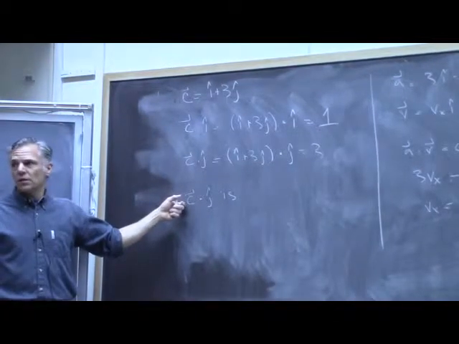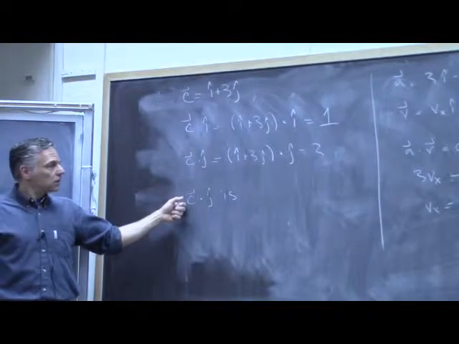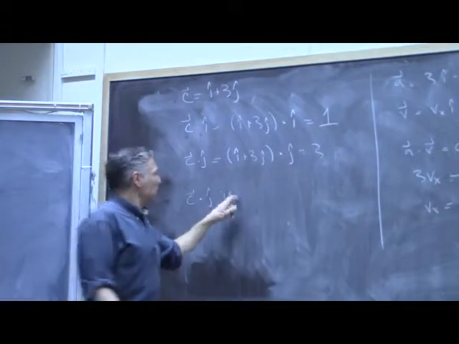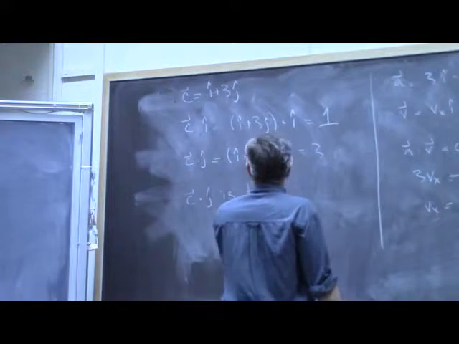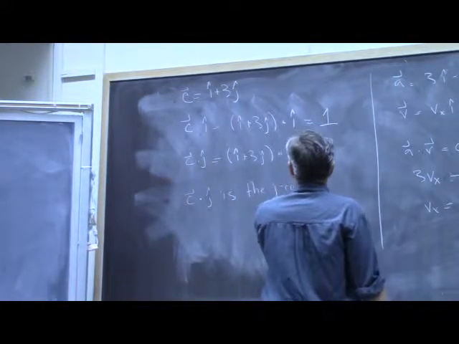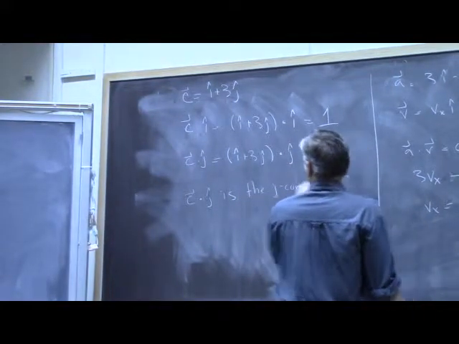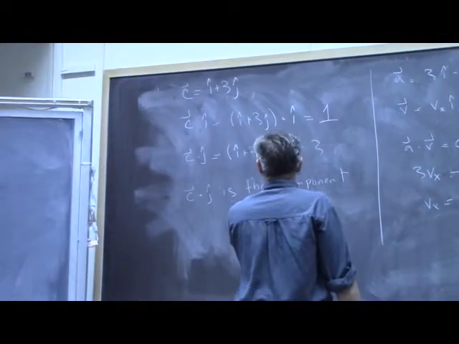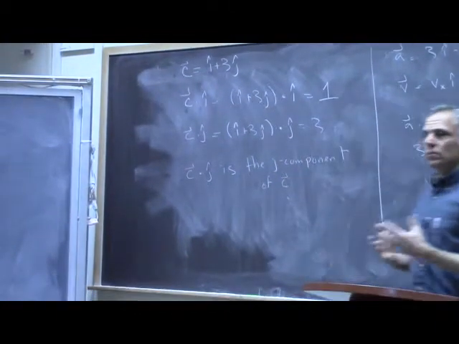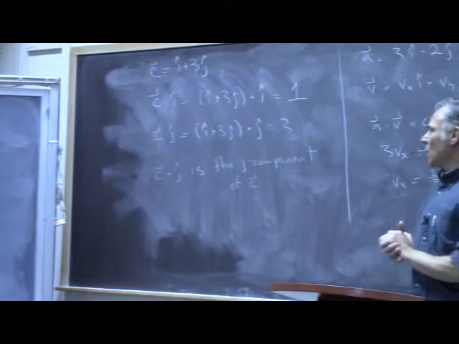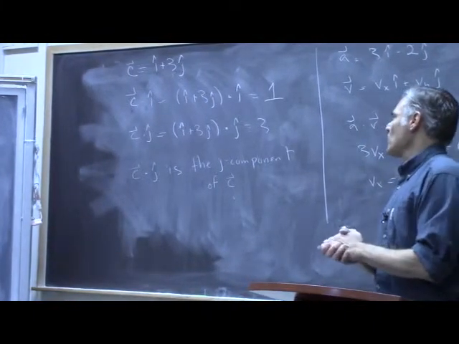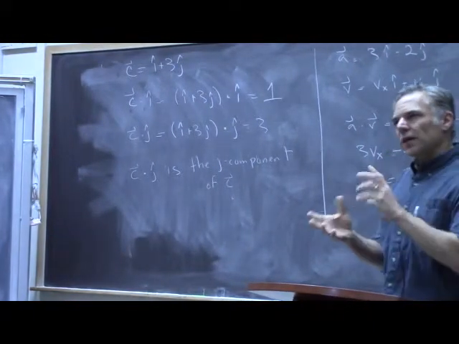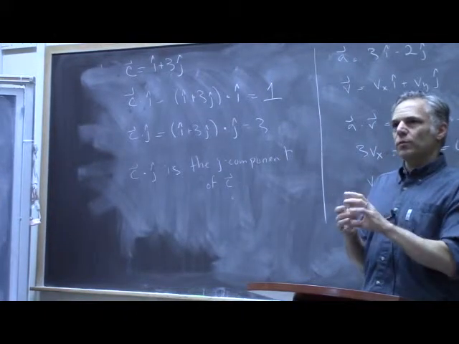In general, for a vector C, it gives you the j component, or the j part. So again, the dot product's power is it lets you do algebra with geometric things.